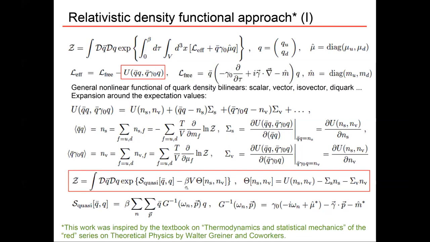Then we arrive at an effective model for the partition function, which we can solve, because the quasi-particle action, which we have just derived, defines an inverse propagator, which is a quasi-particle propagator. It looks like the free fermion propagator, but it just has an effective potential and an effective quark mass, much like the Blaschke model.